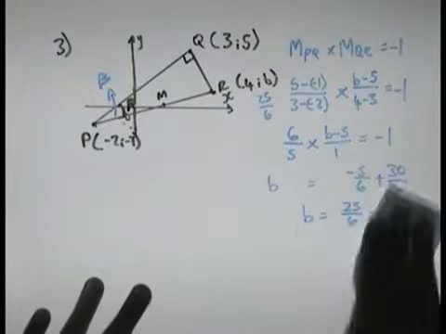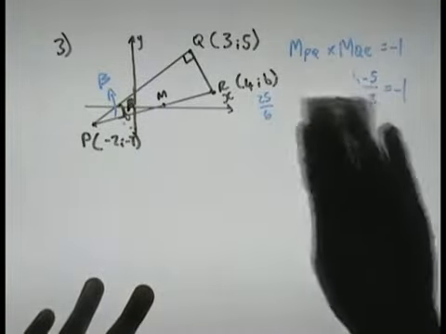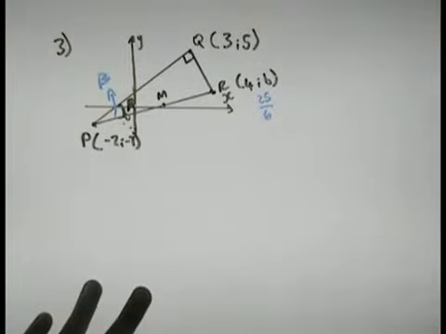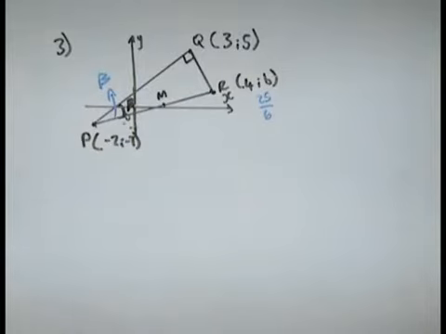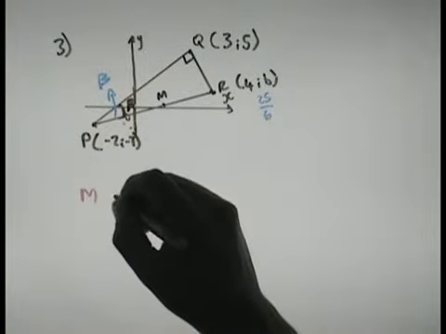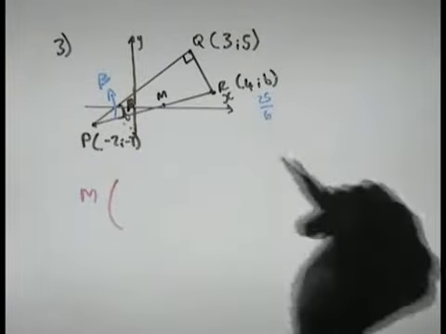I then asked you to calculate the coordinates of M, which is the midpoint of PR.